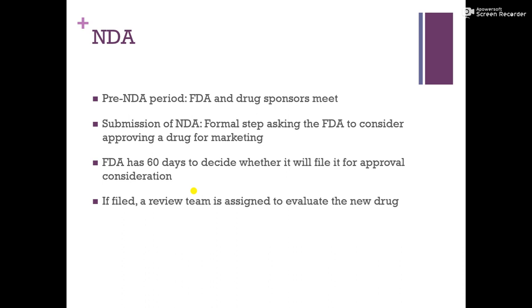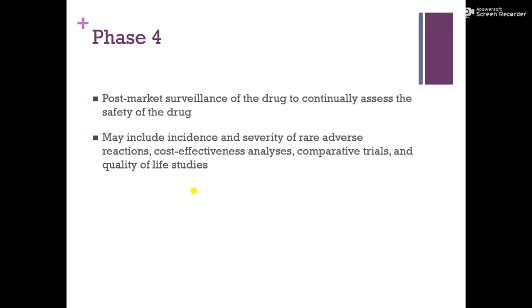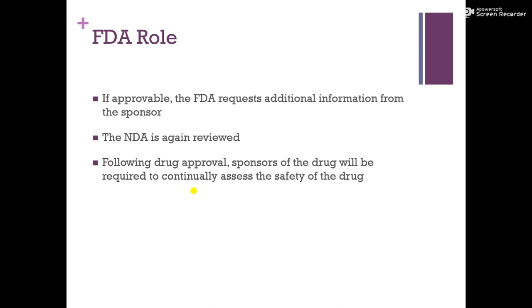If filed, a review team is assigned to evaluate the new drug. If the FDA rules it approvable, it requests additional information from the sponsor, and the NDA is reviewed again.